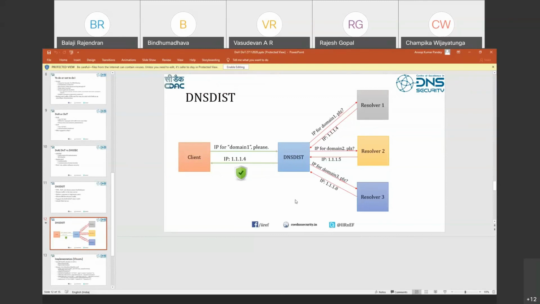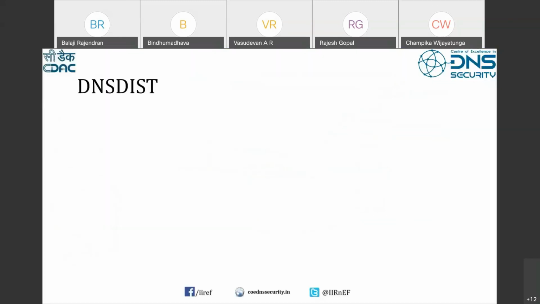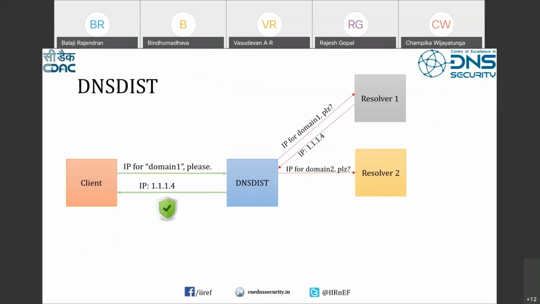If you remember this image, the communication from client to DNSdist is encrypted. But of course, the client can see it, DNSdist can see it, and all these resolvers, if they have enabled query logging, can also see what query is coming to them, because this part is insecure.